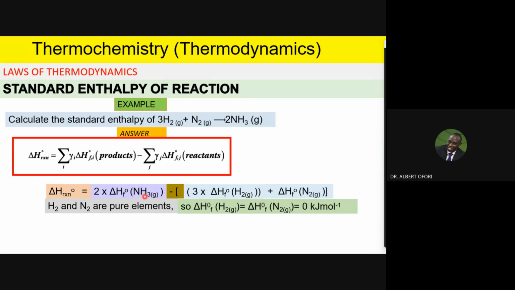Now for elemental form, we said that the standard enthalpy of formation of an elemental form is mostly just equal to 0. So the enthalpy of formation for hydrogen is just 0. That of nitrogen is also 0. But for the ammonia, the value is given. So we can check from the table for the enthalpy of formation of ammonia.